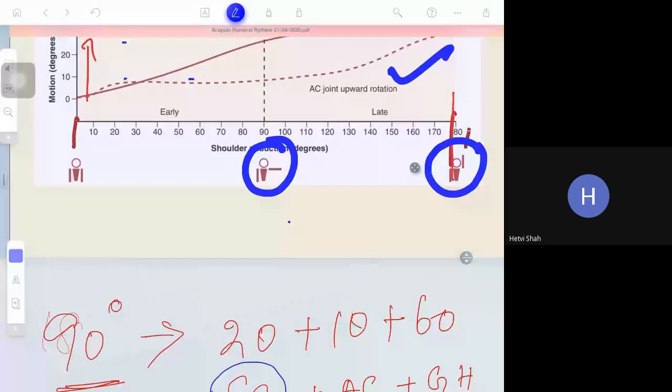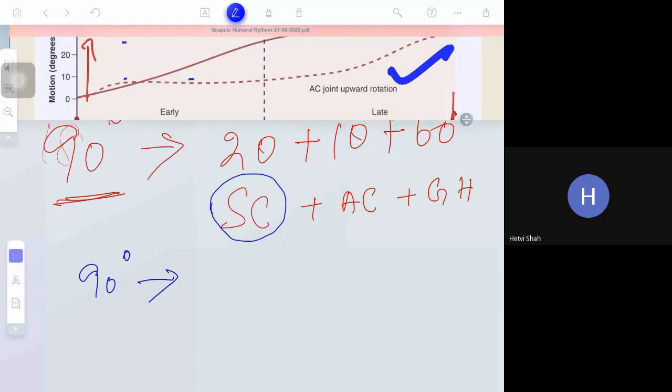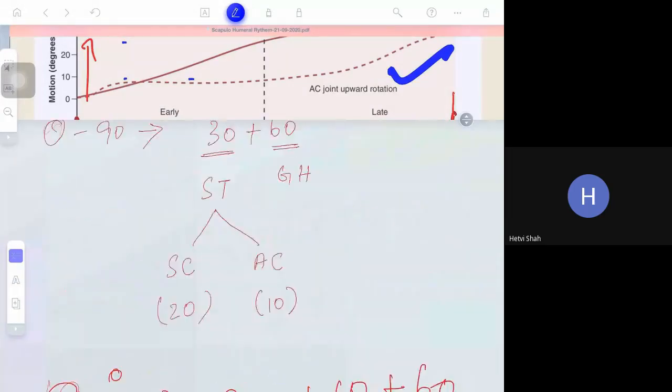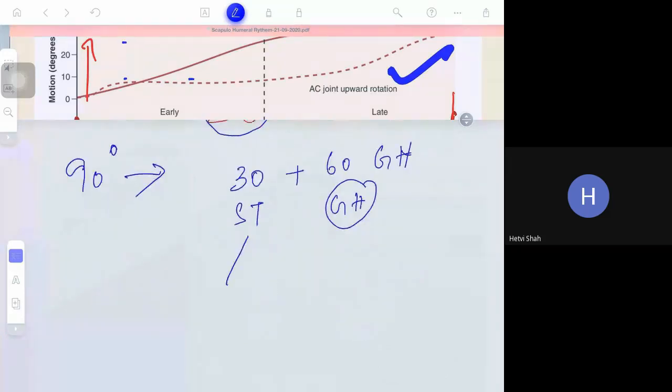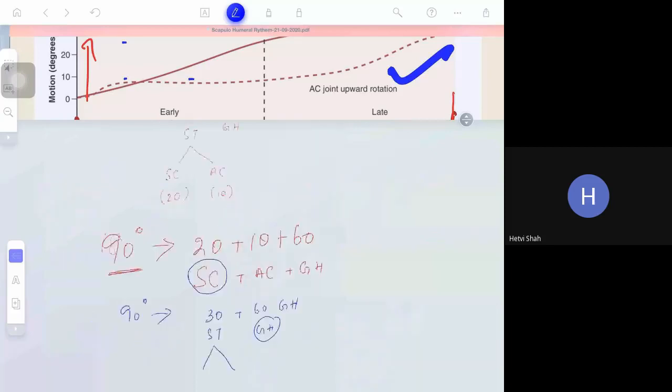From 90 degrees to 180 degrees, what happens? Again, the movement is 30 degrees scapulothoracic and 60 degrees glenohumeral. Now the scapulothoracic joint movement will be reversed. What was previous?